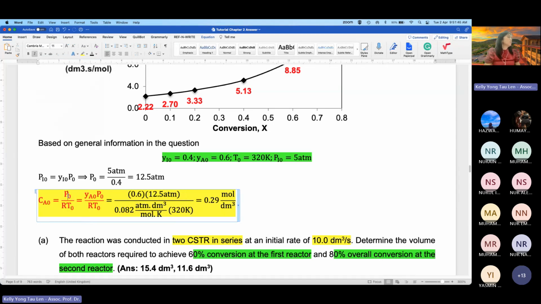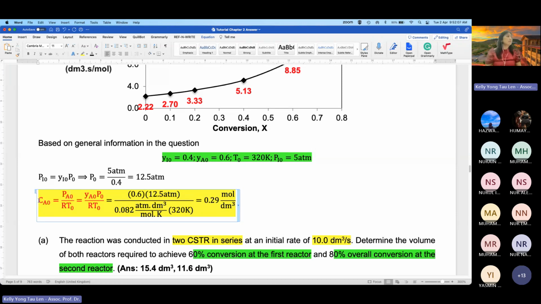The first one: if you have the partial pressure of A initially, PA naught, you can divide by RT naught and you get CA naught. Meaning if you know directly the partial pressure of A initially, you can directly use that value, divide by RT naught, and you get CA naught.